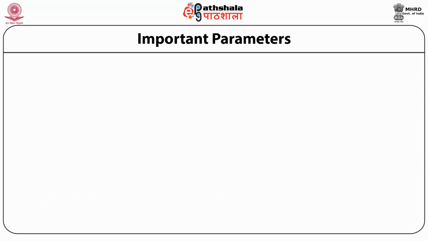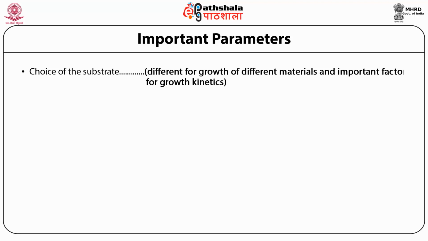Now there are certain important parameters in the case of CVD. First is the choice of the substrate. It is different for the growth of different materials and is an important factor for growth kinetics.